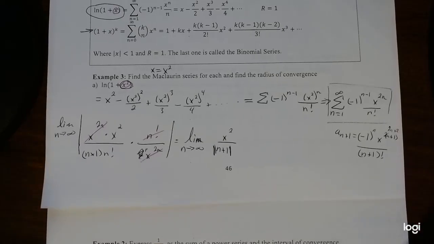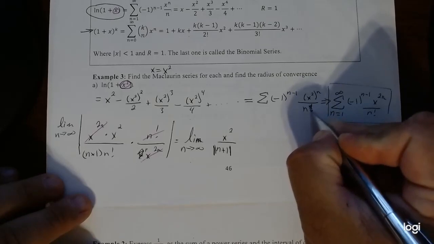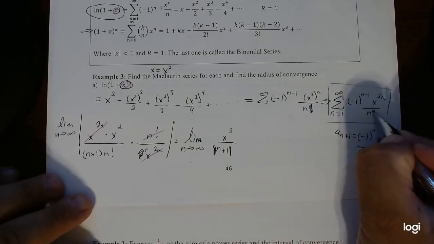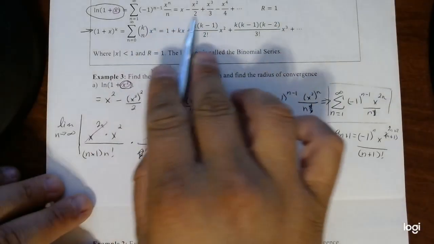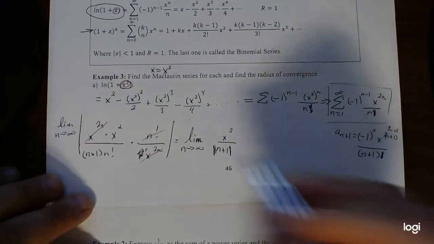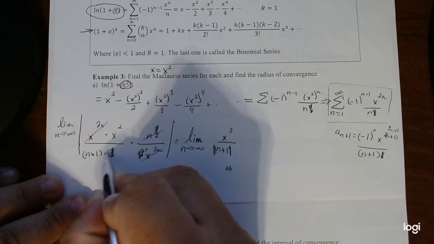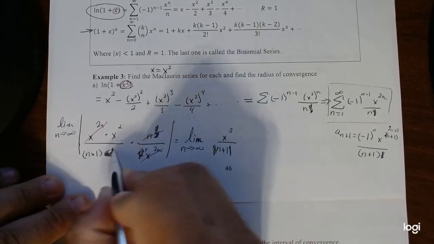Oh, what, I think I messed up here. Oh, this is why it doesn't look right to me. This is not n factorial, right? Yeah, it's not. Okay, that makes a huge difference. Very, very sorry. Okay, that changes everything.